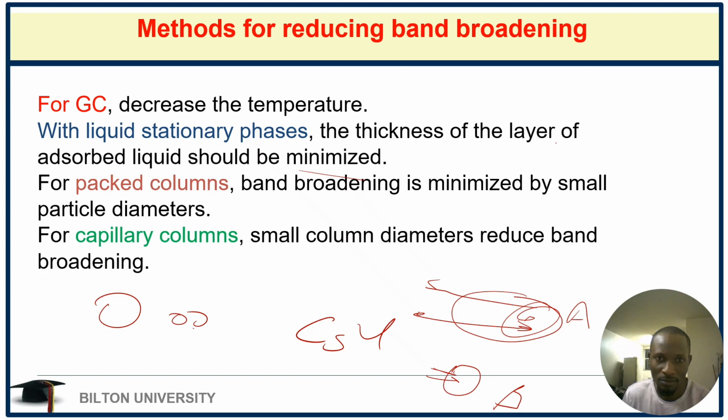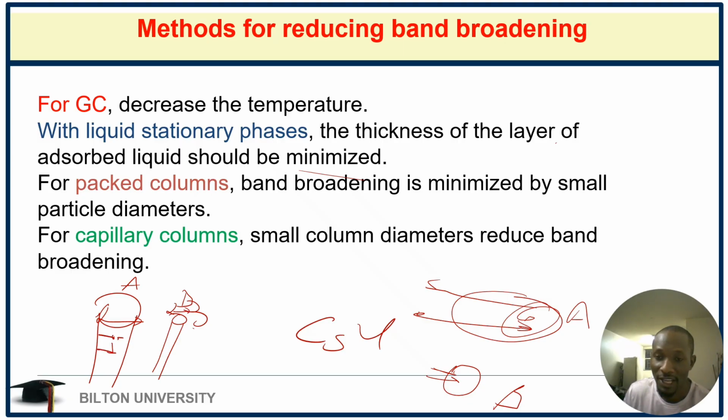For capillary columns, small column diameters reduce band broadening. This is majorly going to reduce eddy diffusion and longitudinal diffusion. If you have a column with a diameter of this size and a column with a diameter of this size, this is column A and this is column B. For A, you can see that it will travel that distance.